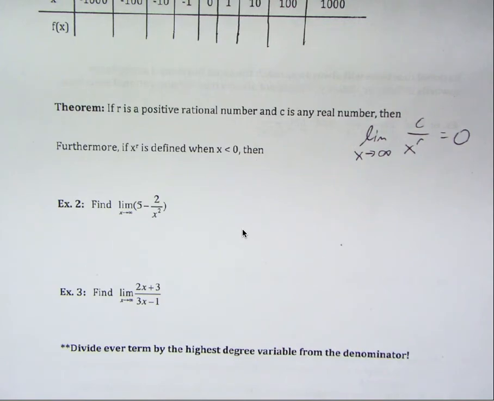What's 2 divided by 100? 1 over 50. Yeah, as a decimal. Do it in the calculator. 2 divided by 100 is 0.02. What's 2 divided by 10,000? 2 times 10 to the negative 4th, so 0.0002.